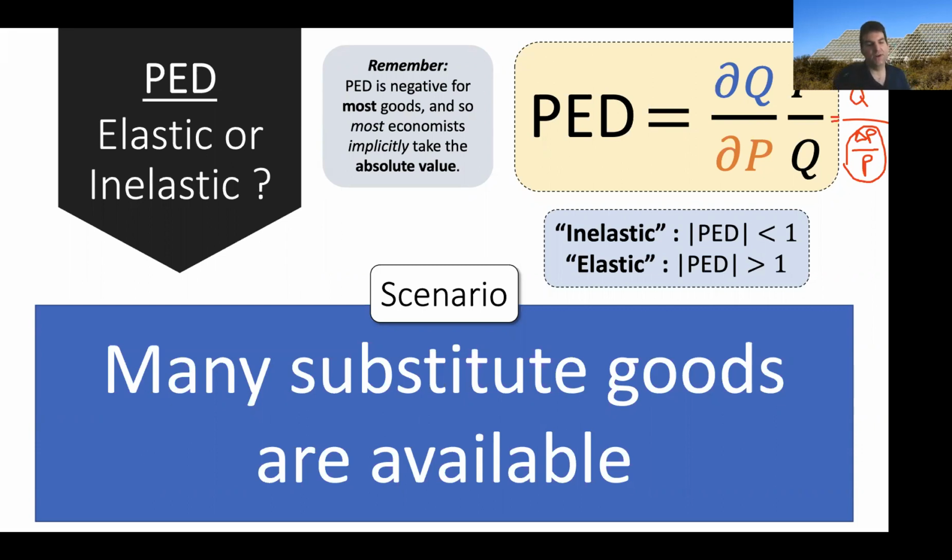So what do you guys think? We can vote in the participant list. If you look at the bottom of your participant list, you should see a yes or a no. Vote yes if you think this would be an elastic good, and no if you think it would be an inelastic good, if it's a good with many substitutes available.